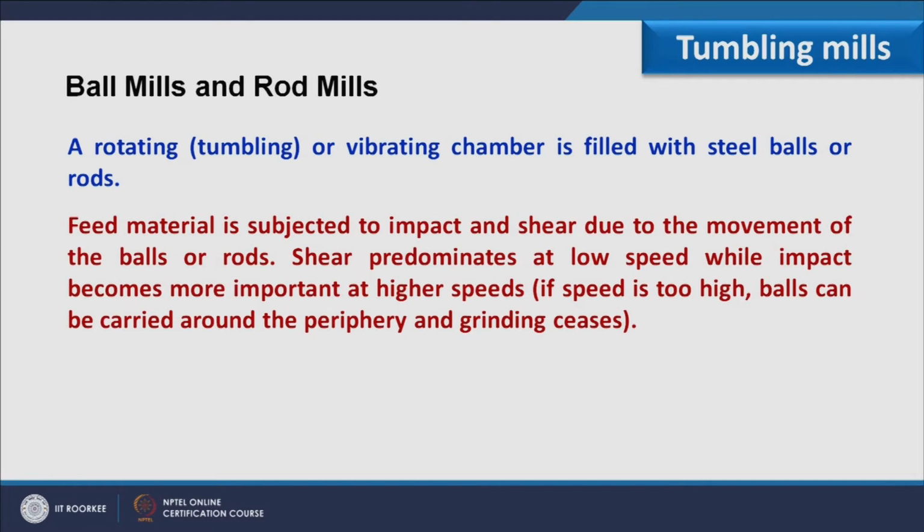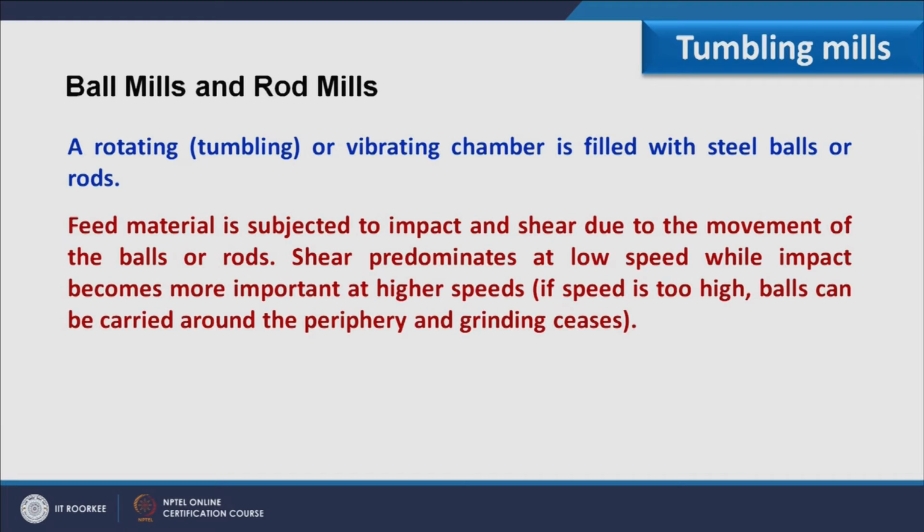These are extensively used in chemical industries. So, feed material is subjected to impact and shear due to the movement of balls or rods. Shear predominates at low speed while impact becomes more important at high speed.